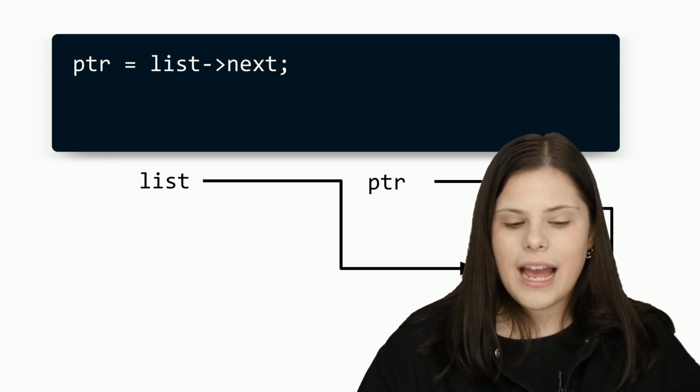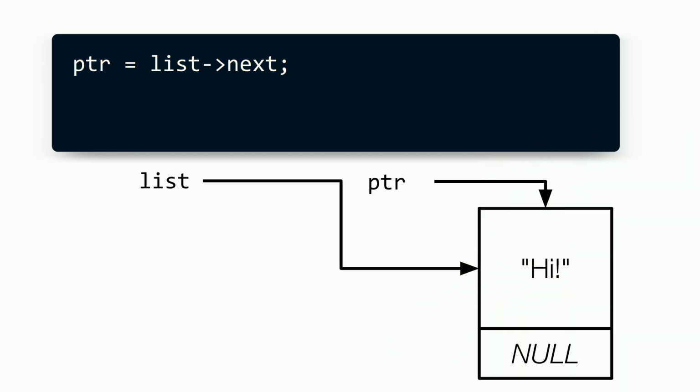So notice when we're talking about this diagram, what was the pointer set to after this operation? If we write PTR equals list arrow next, what is the value of PTR after we run this line of code?